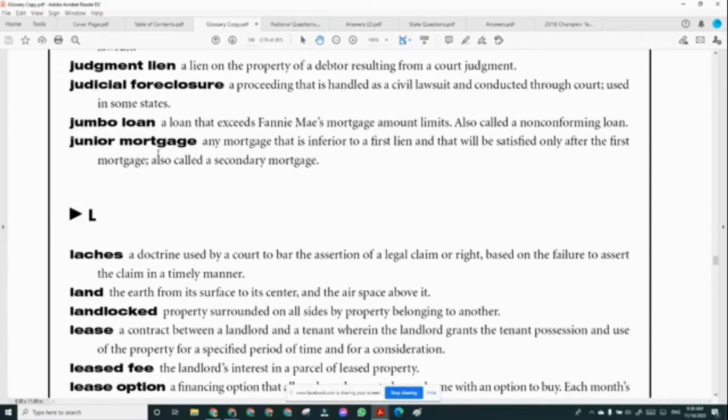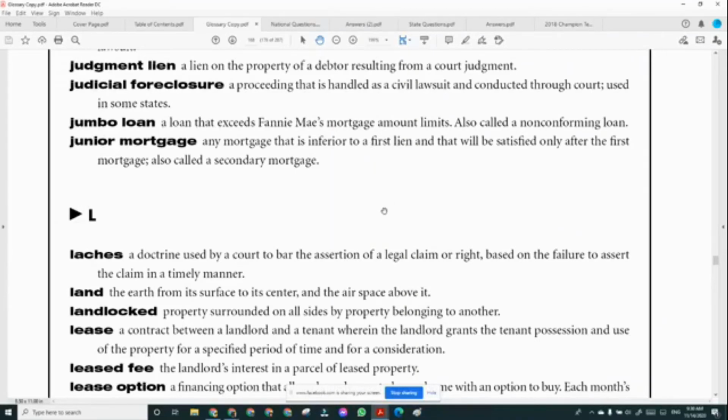Junior mortgage, and so that's provided by some of the banks, some lenders. Junior mortgage. So if your father is a senior, they have priority, right? They have seniority. So a junior mortgage has lower seniority. Any mortgage that is inferior to a first lien. Your father is the first.